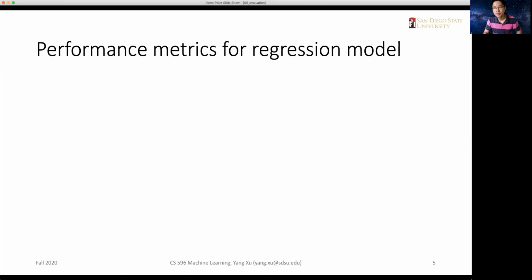All right, so for regression, for the performance metrics of regression models, using bad data. Yeah, that is why we need machine learning.